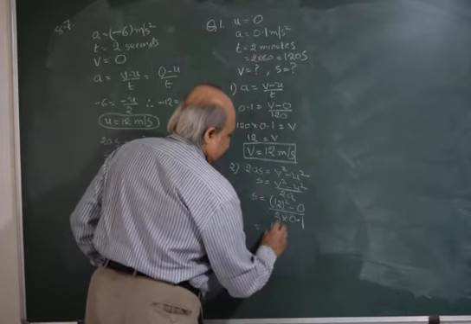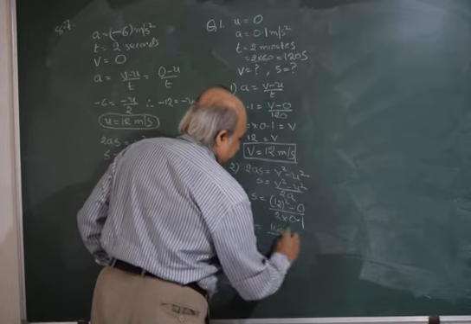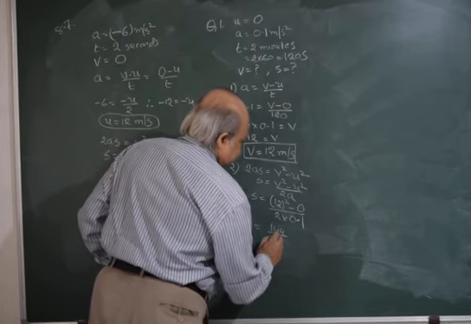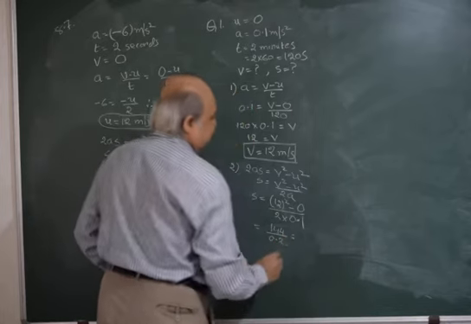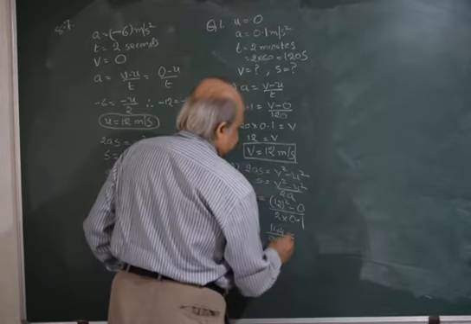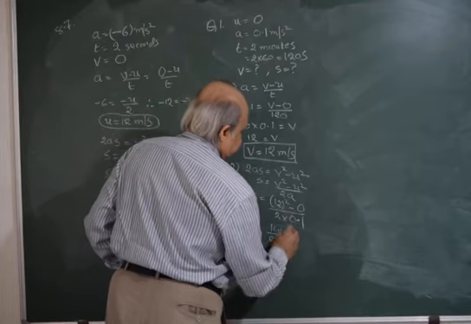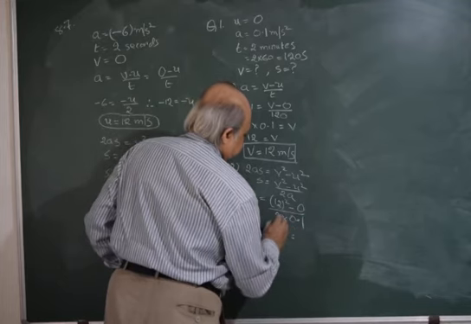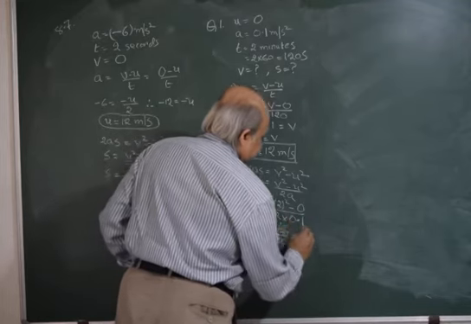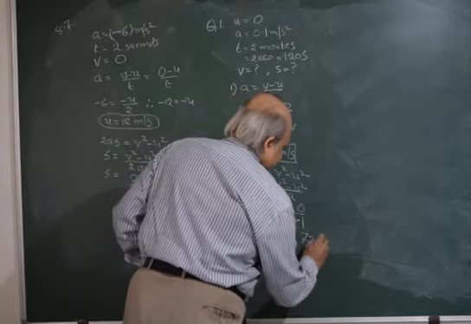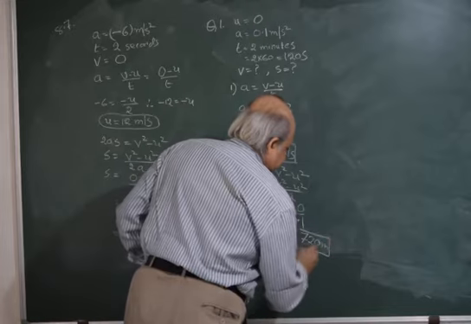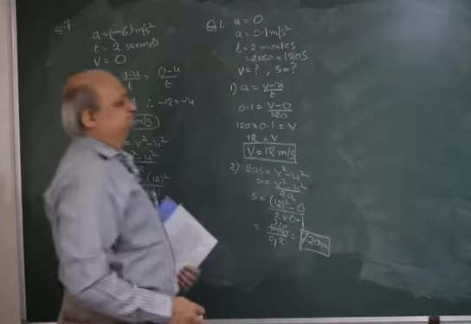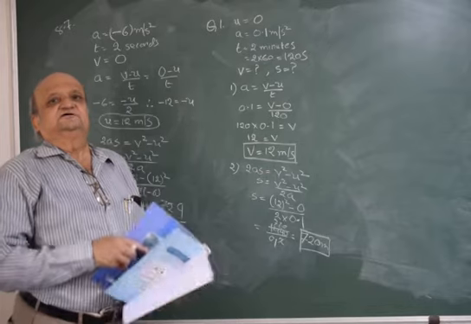So we get 144 upon 0.2, which is equal to 720 meter as our final answer.